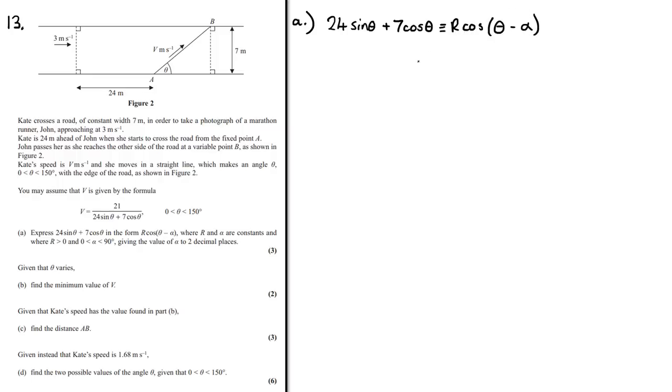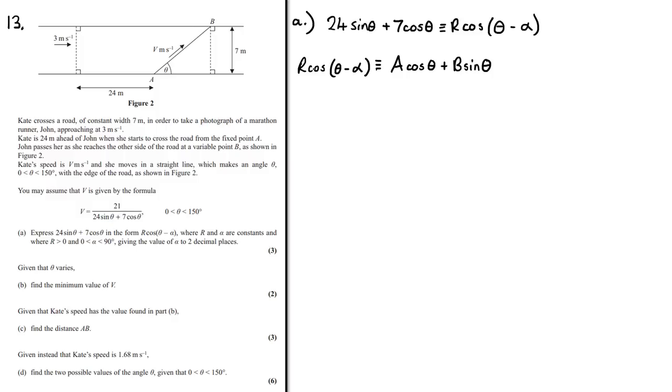Okay, and we just have to be slightly careful here. Remember, if you've got something of the form r cos theta minus alpha, then this is equivalent to a cos theta plus b sine theta. Now if we just take a look at what we've been given, what we've got here is b sine theta plus a cos theta. So they've just done it essentially to try and catch you out here. So it's just one of these things you've got to be slightly careful of.